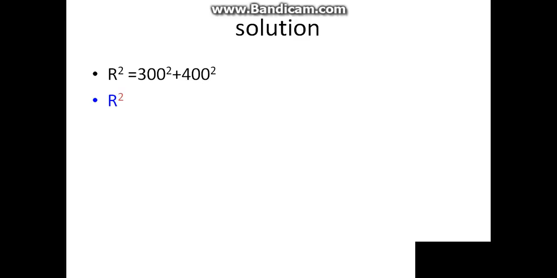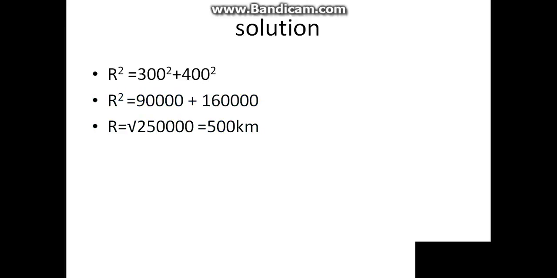To get the displacement, we make the square go over to the other side to become a square root, which will now give us the square root of 250,000, which will give us 500 kilometers.